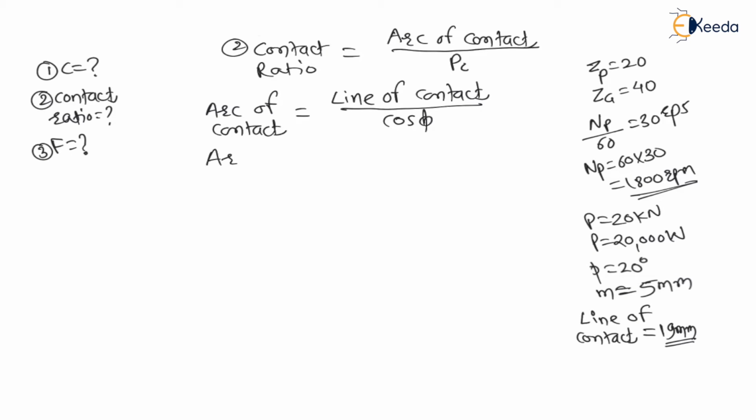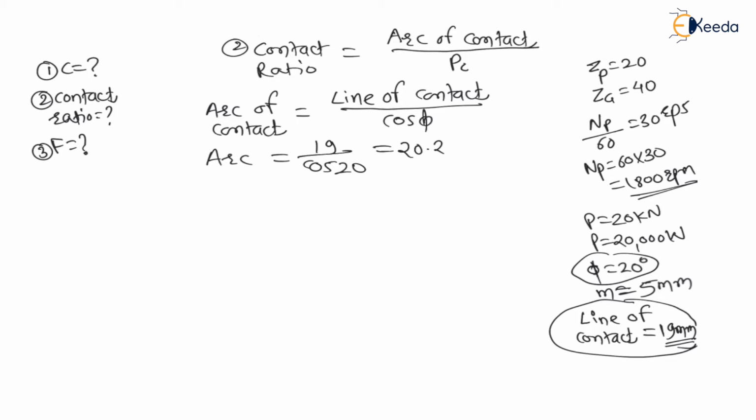Therefore, arc of contact is equal to line of contact, which is 19 mm given in the given data, divided by cos phi. Pressure angle phi is given 20, therefore cos 20. If I find arc of contact, I will get 20.21 mm.